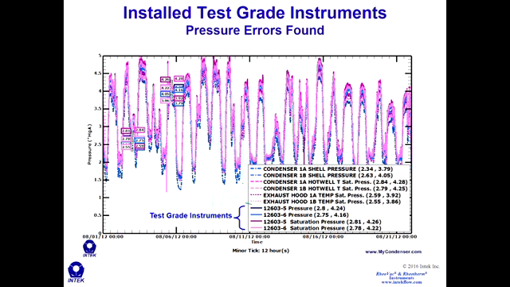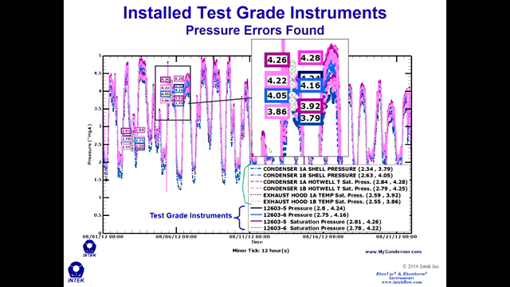So here are the station original equipment measurements: shell pressures, hot well temperatures, hood temperatures, and down here the solid colors are the test grade instruments. If we blow up, yeah, there we go. These numbers in the legend correspond to the cursor values at each one of these locations.